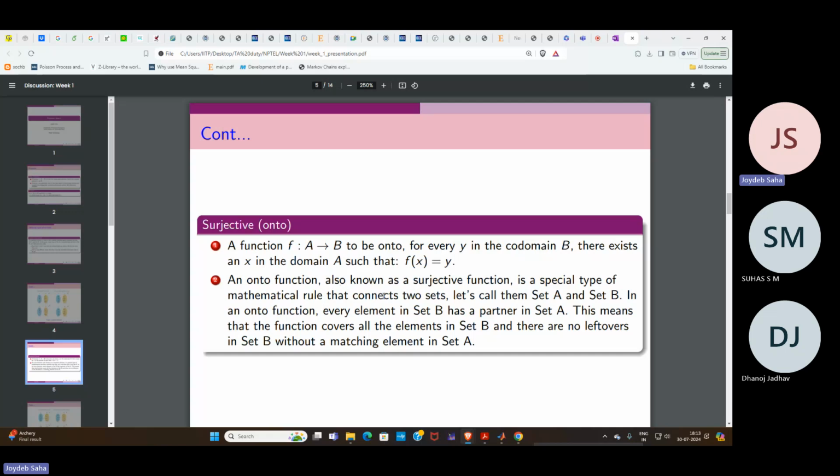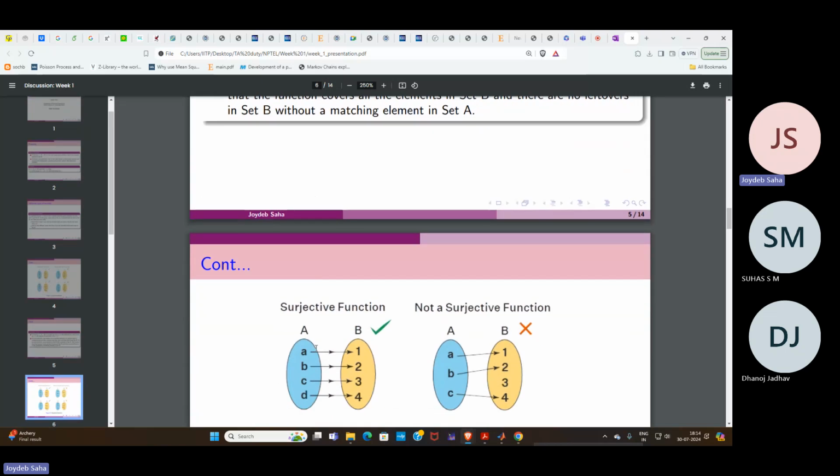So in another language we can say an onto function, also called a surjective function, is a special type of mathematical rule that connects two sets. Let's call them set A and set B. So in an onto function, every element in set B has a partner in set A. That means that the function covers all the elements in set B and there are no leftovers in set B without a matching element in set A. Come to this image.